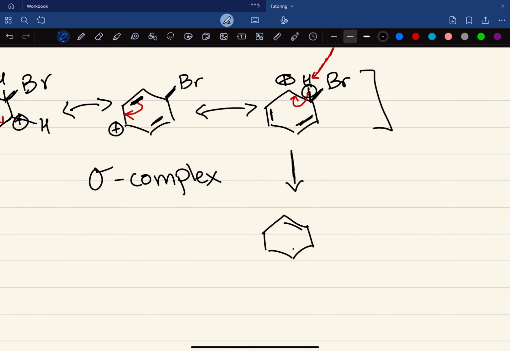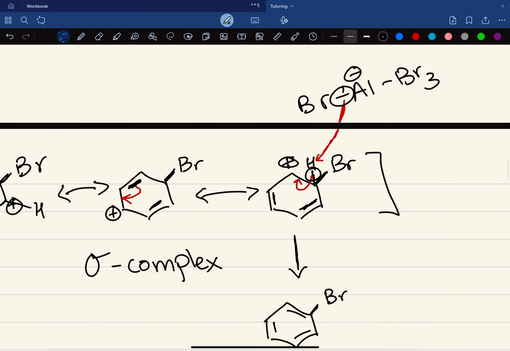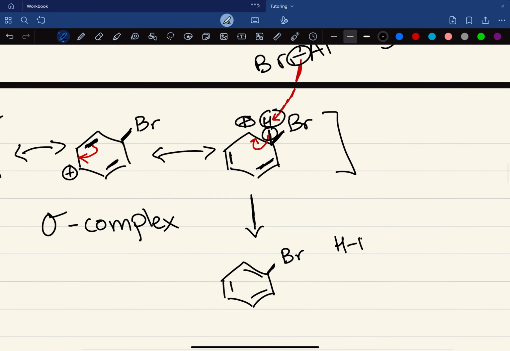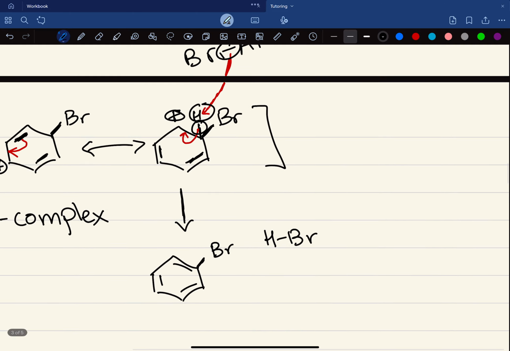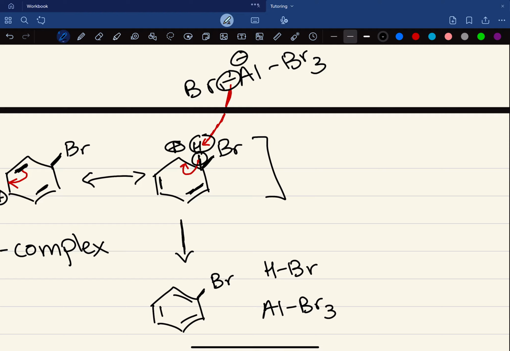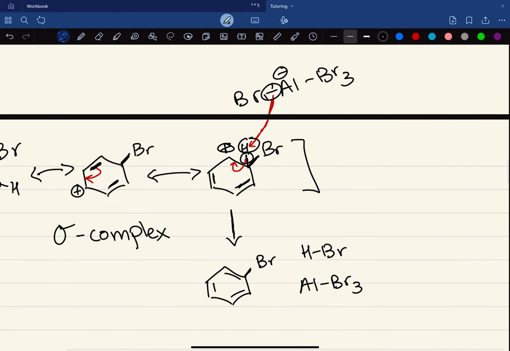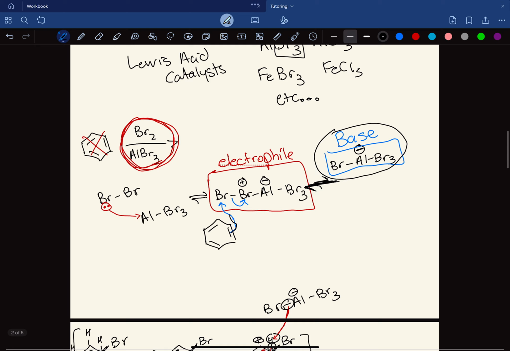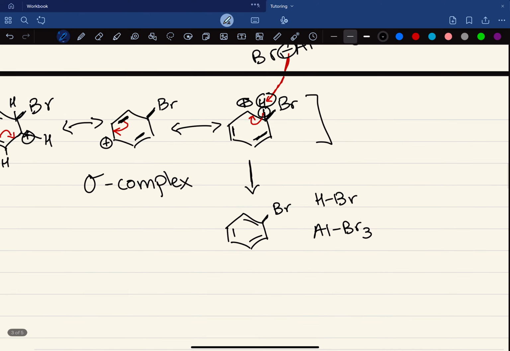So we get the aromatic back, with Br, but also because we had a proton transfer right here and a breaking of the double bond, we get hydrobromic acid, and we get the regeneration of our catalyst. So that's why it's a catalyst, because we started off with AlBr3 and we end off with AlBr3.